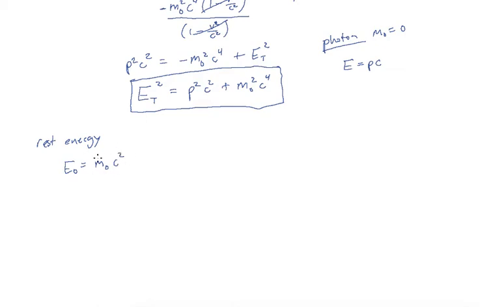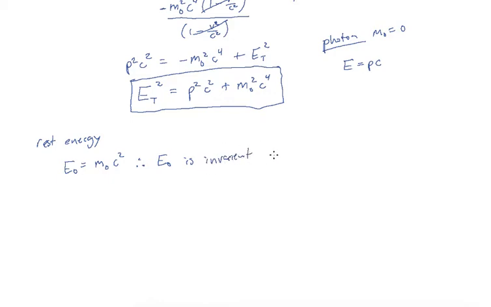Well, this is made up of two invariant terms. The speed of light is invariant. It doesn't change no matter who's looking at it. And rest mass doesn't change no matter who's looking at it, because it's defined as the mass of it when you're at rest with it. So these are two invariant quantities. Multiplying two invariant things that don't change gives you another invariant thing. So this means that E naught is invariant.